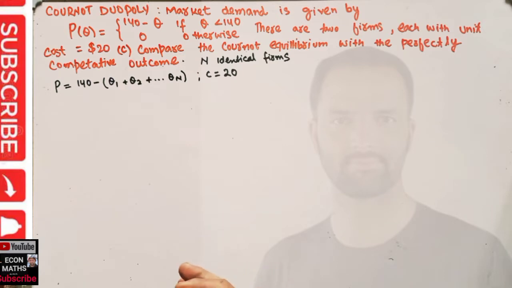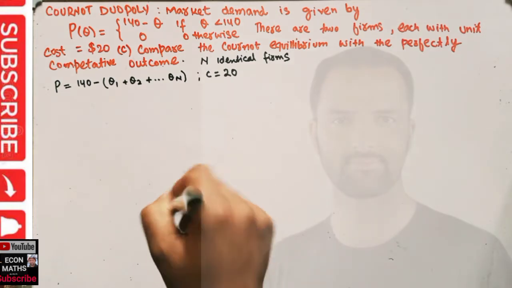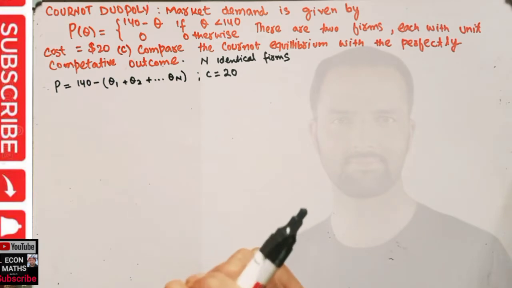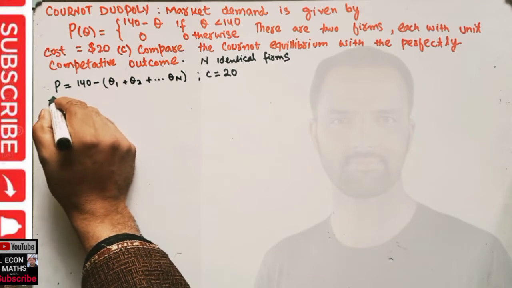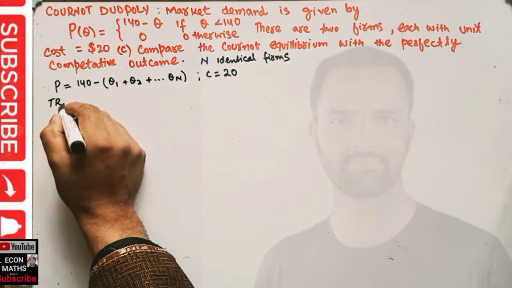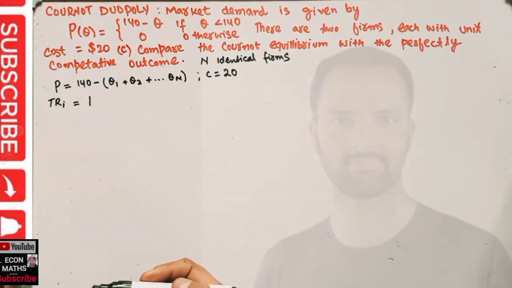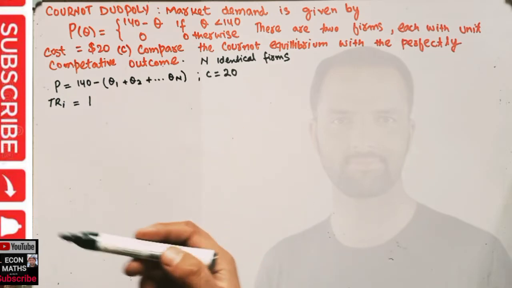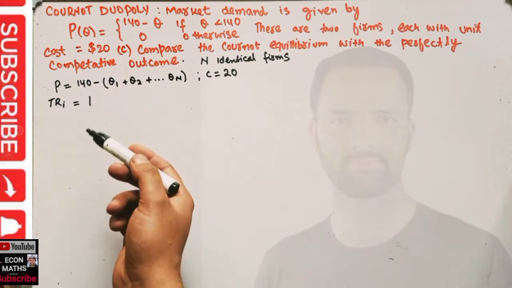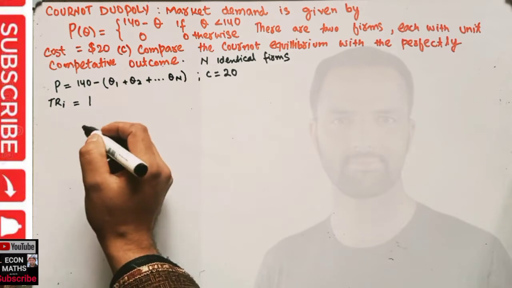Now first we need to find the reaction function for the ith firm. For that we need to find the total revenue. If we have n identical firms and we want to find the reaction function for the ith firm, then first we need to find the total revenue of the ith firm.